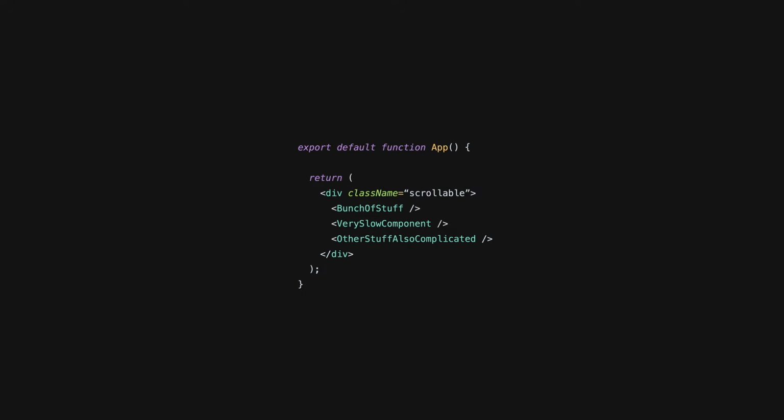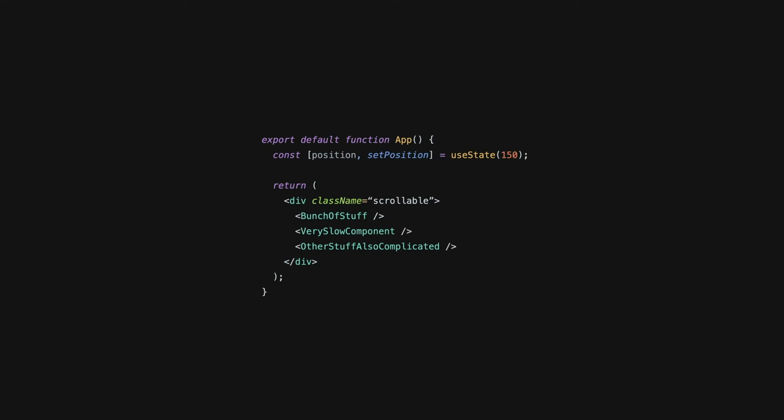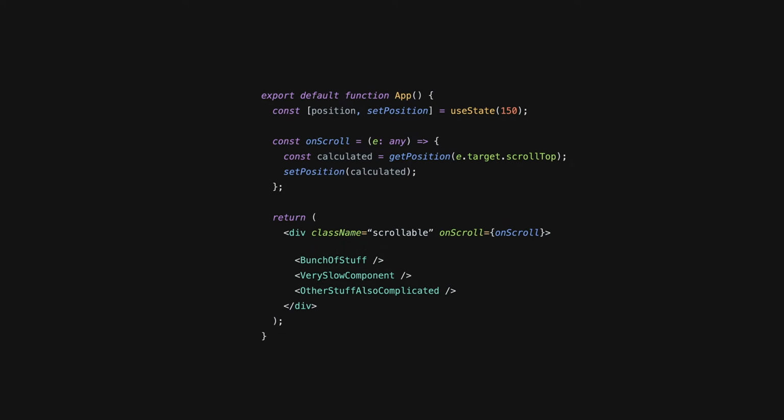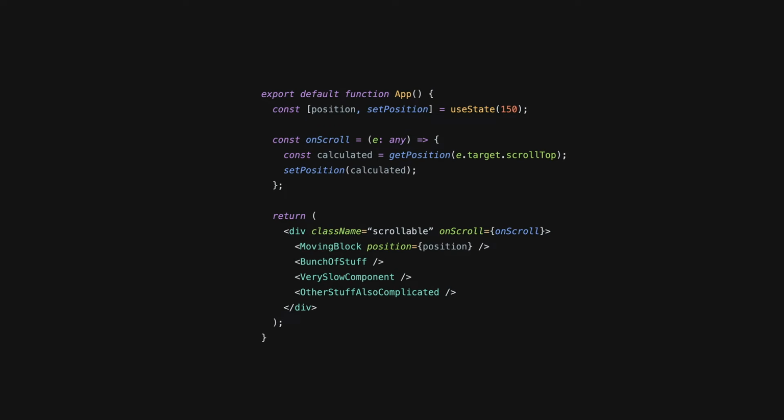And while implementing that flying block, we introduced some state that holds the current scrolling position, attach the onScroll handler to the div and set our state there, and added the floating block that will change its position based on the state value.